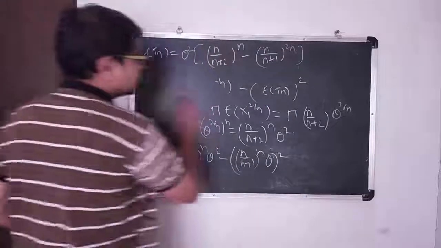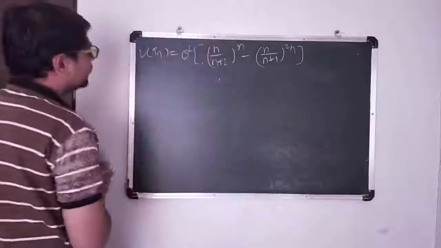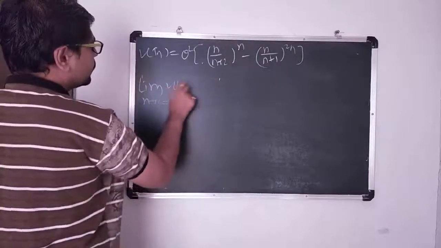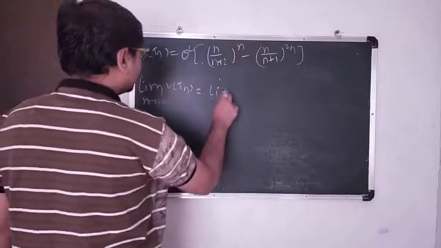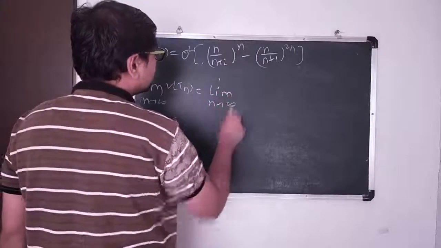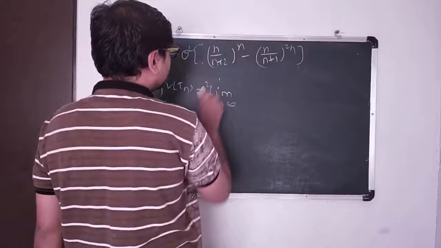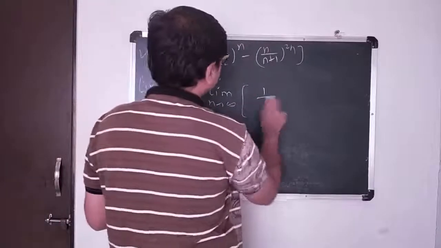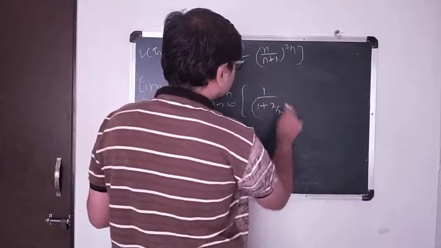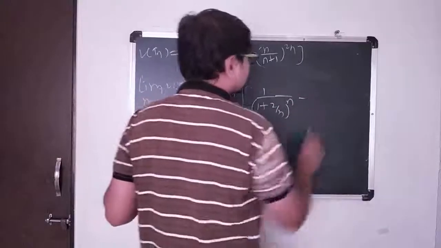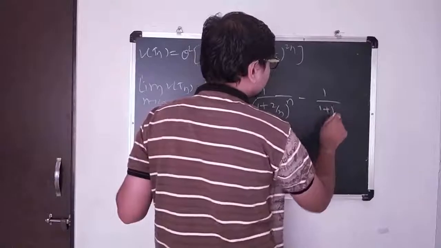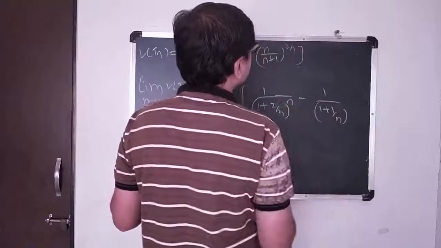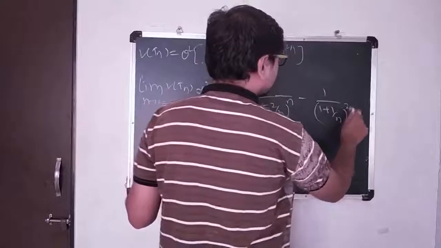So we have to take the limit of the variance of Tn. Limit as n tends to infinity of variance of Tn is equal to the limit as n tends to infinity, theta square can be taken outside the limit, of 1 upon 1 plus 2 upon n raised to n minus 1 upon 1 plus 1 upon n raised to 2n.